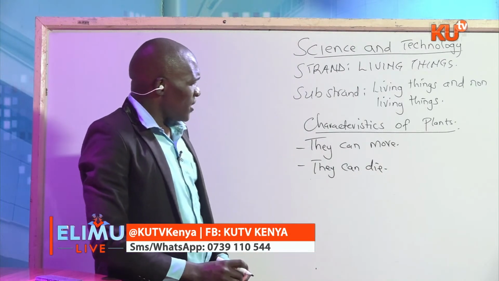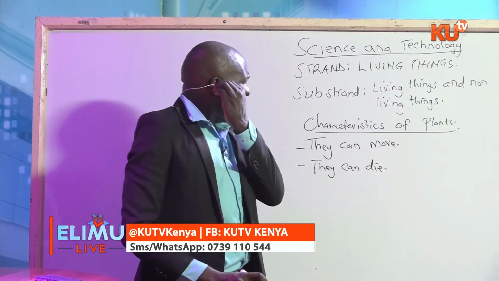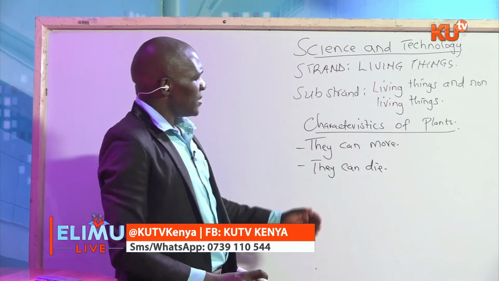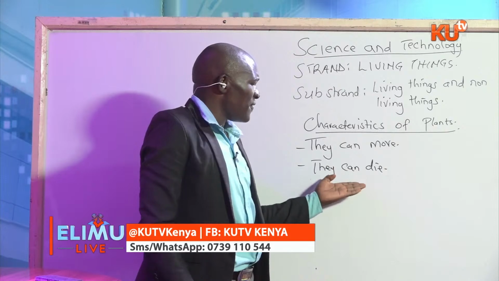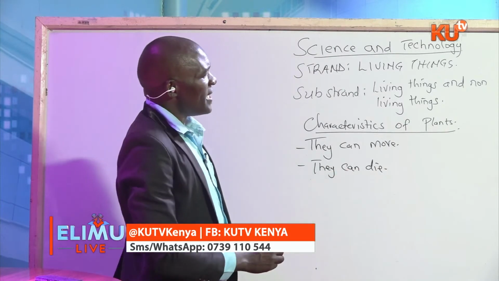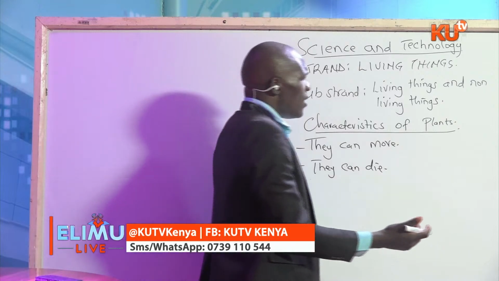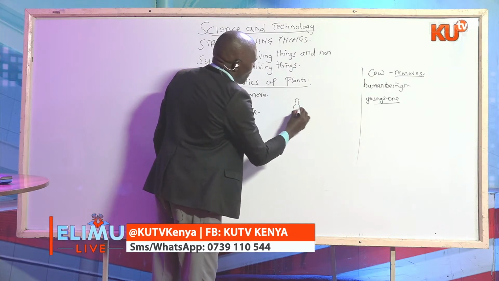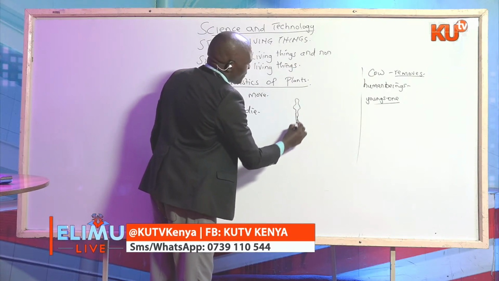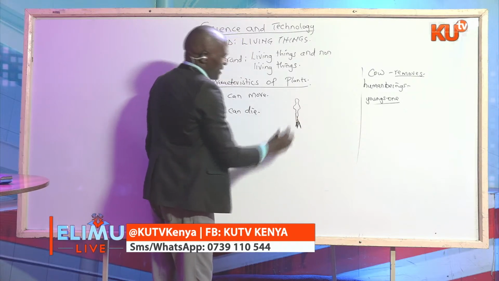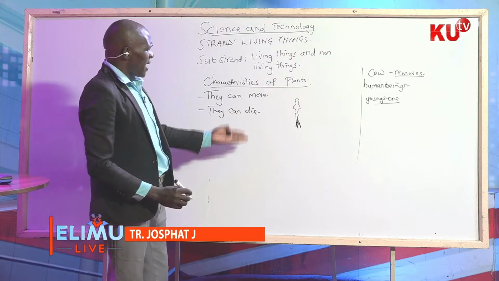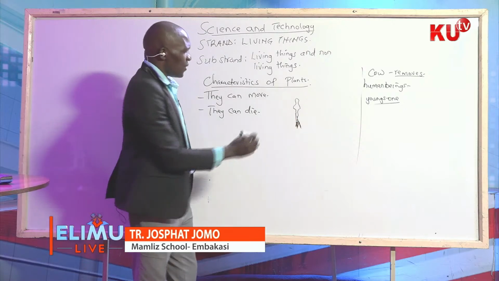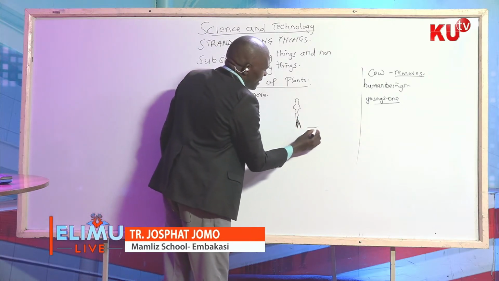As they grow due to rain and sunlight, remember, they have the ability to die. Most of the time we go to the farm and realize that plants which were standing well, for example a tree, which was standing very healthy, now, due to lack of enough things that facilitate its growth, the plant will die.